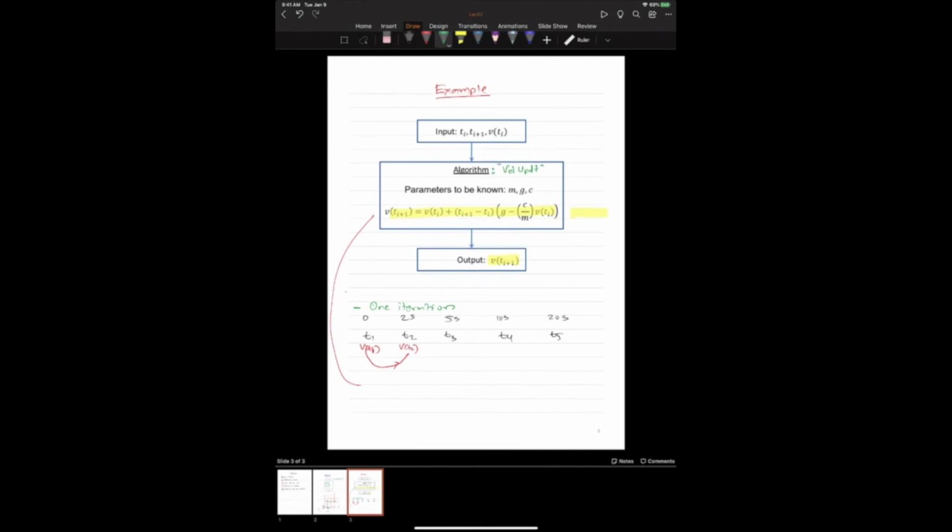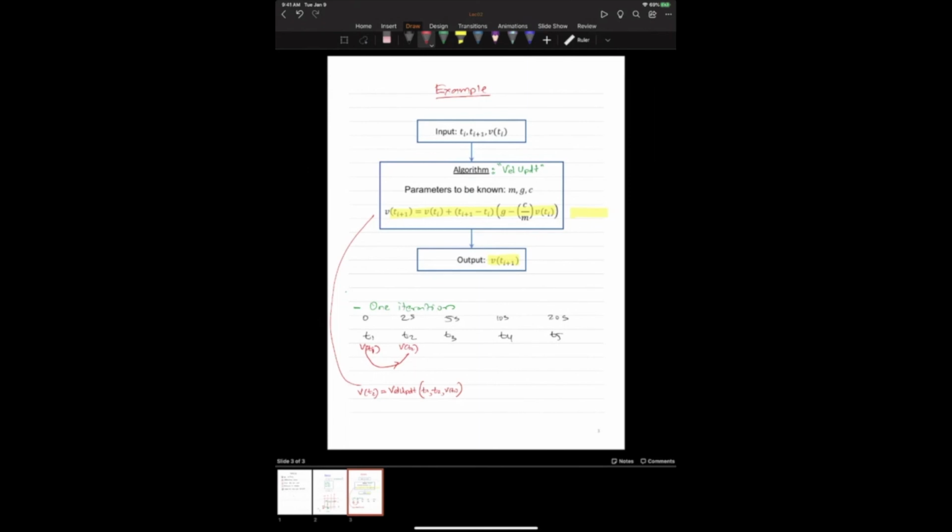Let me write how I will apply it. V(t_2) is VELUPDT. That algorithm has 3 inputs: T1, T2, and V(t_1). V(t_2) is the velocity. Give the algorithm T1, T2, V(t_1).